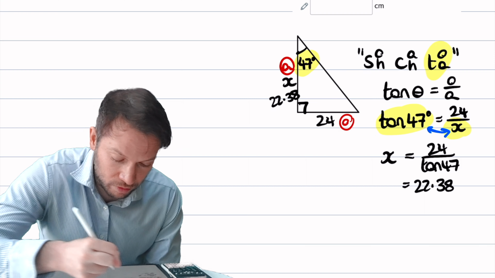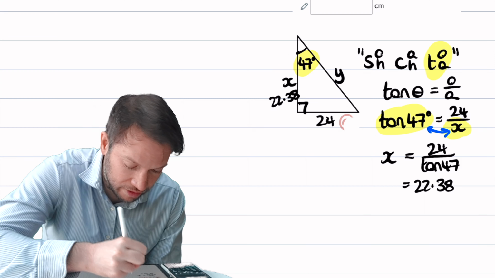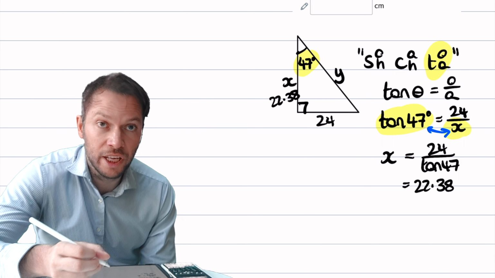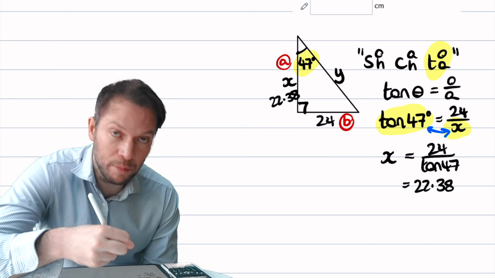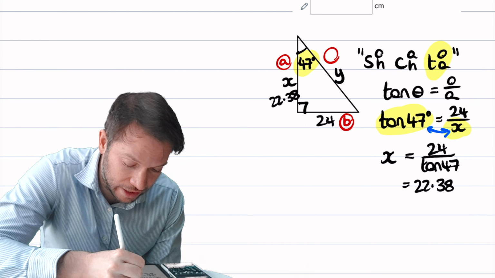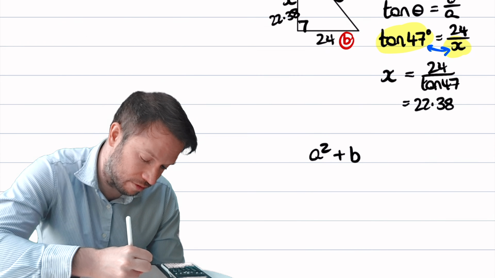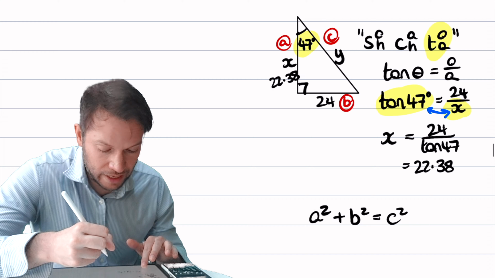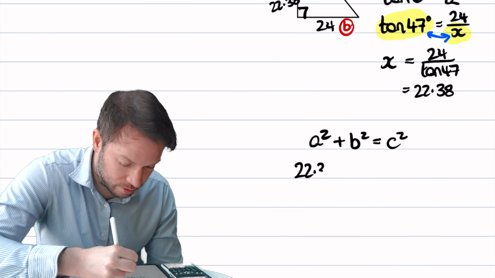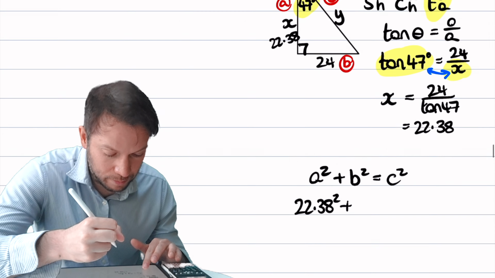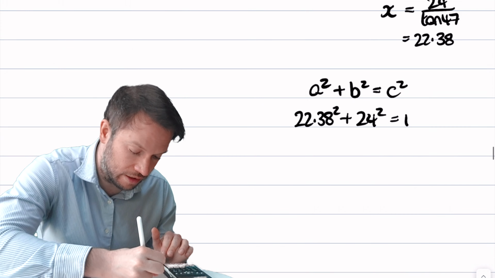So if we call this y, then if I just delete these labellings of the sides, remember with Pythagoras, you label the two shorter sides a and b, and you label the hypotenuse, the longest side, c. And then we can use Pythagoras, which is a squared plus b squared equals c squared. So a here is the x, which is 22.38, 22.38 squared, plus the b squared, which is 24 squared, is equal to c squared, which is y squared.